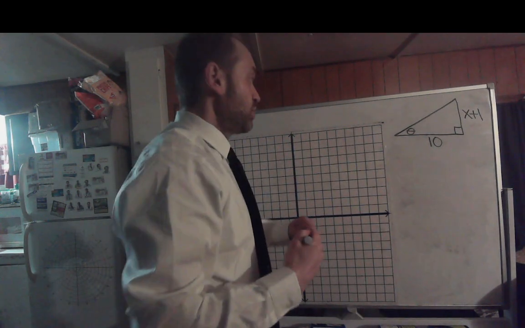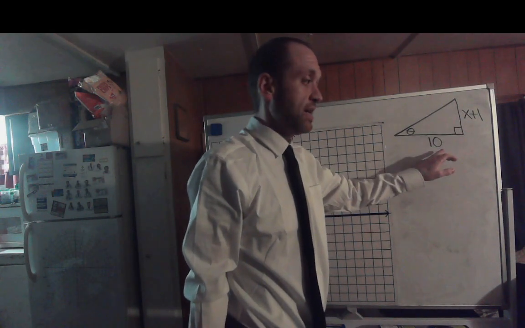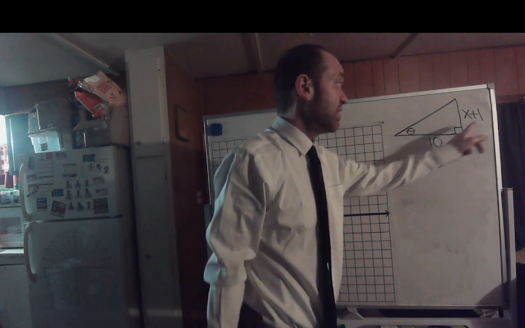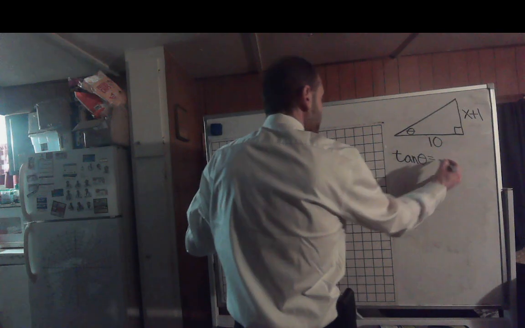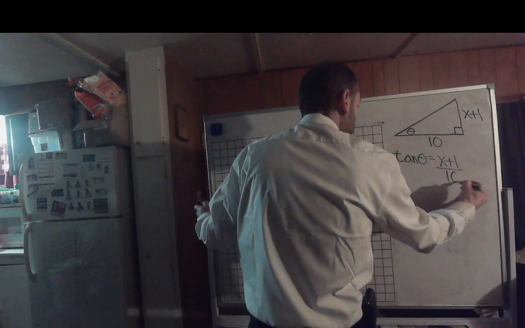Alright, let's see. You have a theta, then you have an x plus 1, and then you have a 10. How does this relate? If you take the tangent of theta, you get x plus 1 over 10.